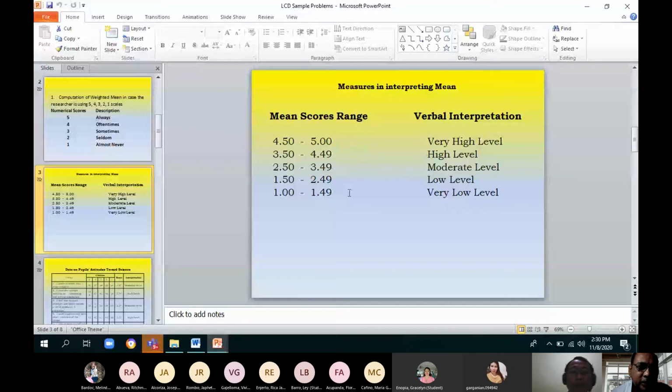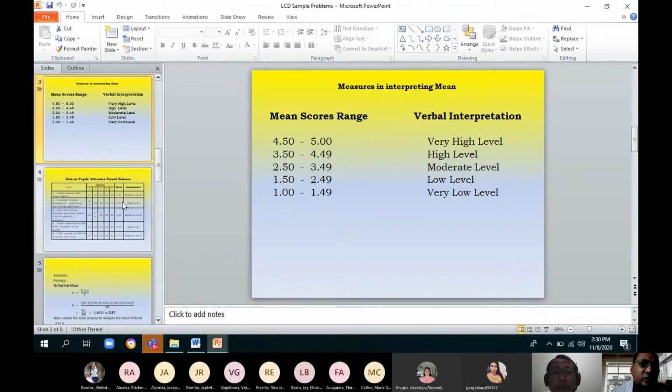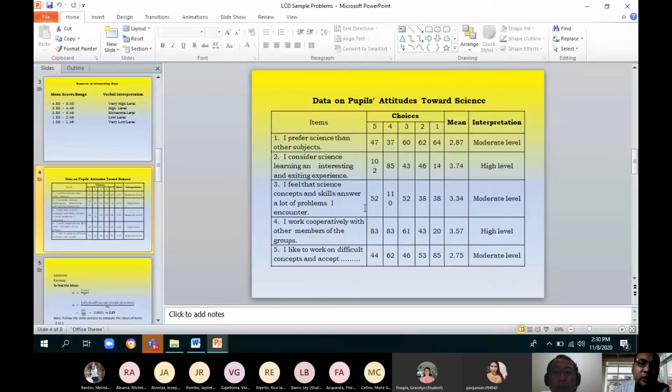Now, for example, how to find the weighted mean? You already have an instrument. For example, there are 5 items. Number 1: I prefer science than the other subjects. I consider science learning an interesting and exciting experience.